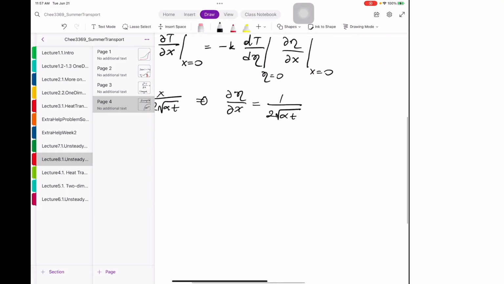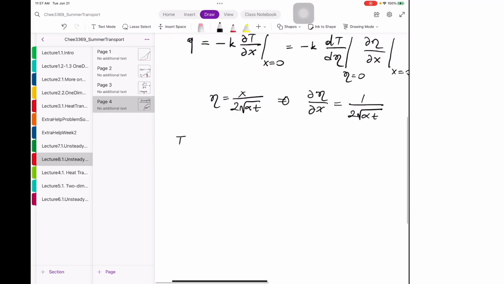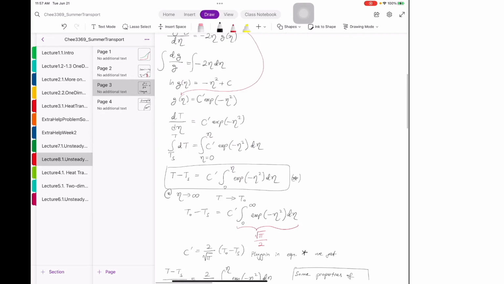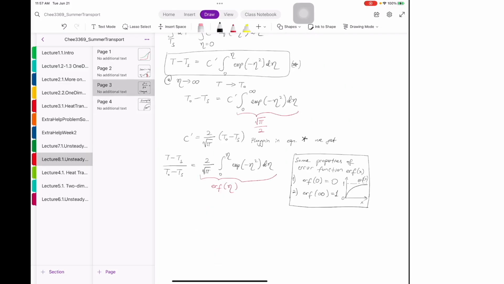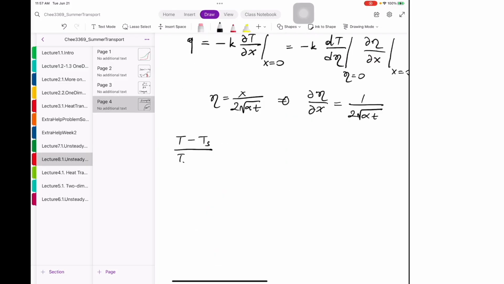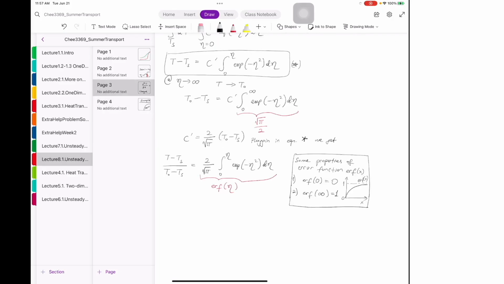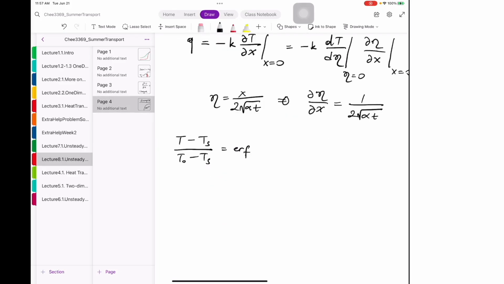And we found that T, maybe we should write T minus Ts divided by T0 minus Ts, is equal to the error function of eta.